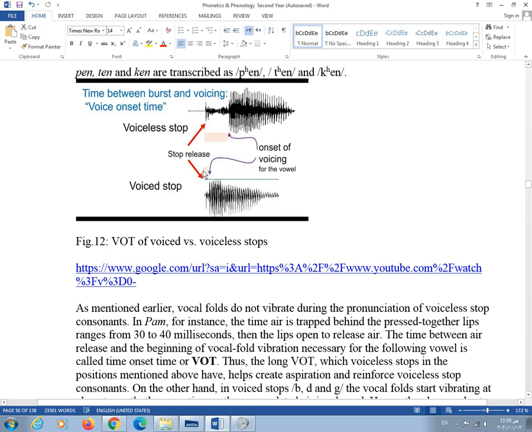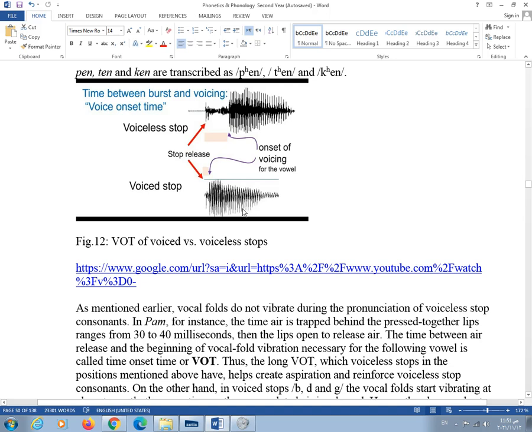Because phonation for the vowel here is delayed because we have a release of air, and we have a stopping of the airstream, and this takes time. But here, phonation for the following vowel happens while pronouncing the b sound, because it's a voiced sound. It needs the vibration of the vocal folds, and the vowel is said with the vibration of the vocal folds also, so there is no delayed voice onset time.